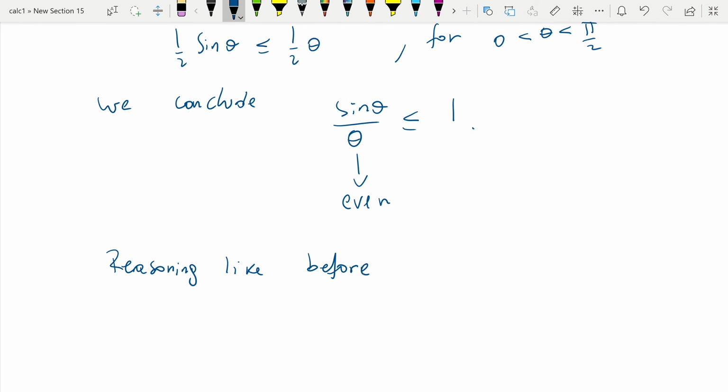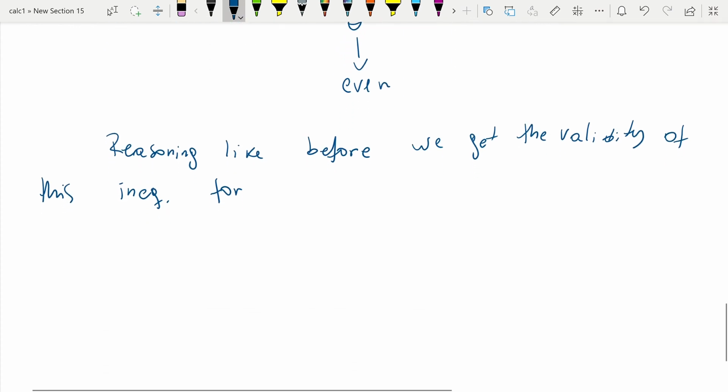Like before, we get the validity of this inequality for all theta in between minus pi over 2 and 0 as well.